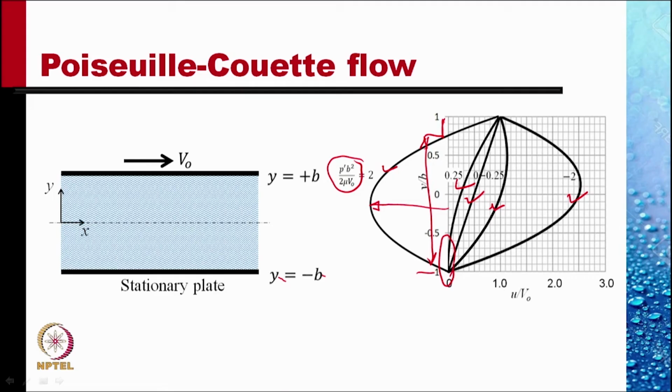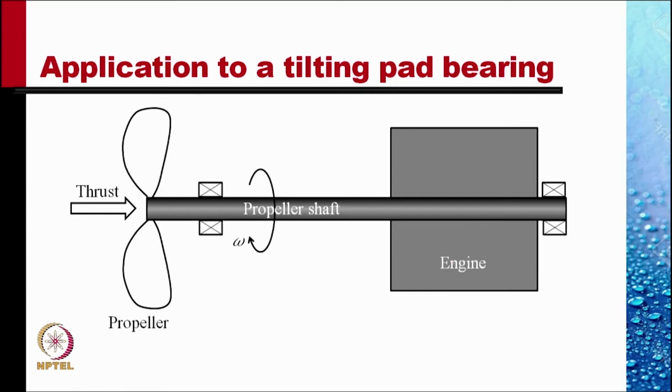Let's apply this flow to a problem of thrust bearings. If we had a propeller shaft which was rotating a propeller of a boat, we would need bearings so that the propeller shaft could rotate.